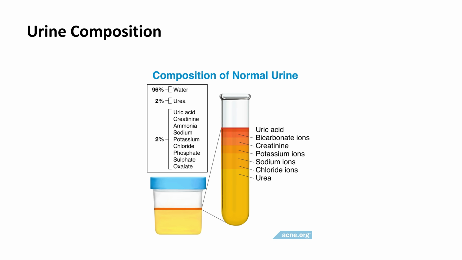This is regulated by the hormones aldosterone and antidiuretic hormone, okay? The color should be like straw. Sometimes it'll be yellow. A normal pH balance of your urine is going to be 6.0, okay?